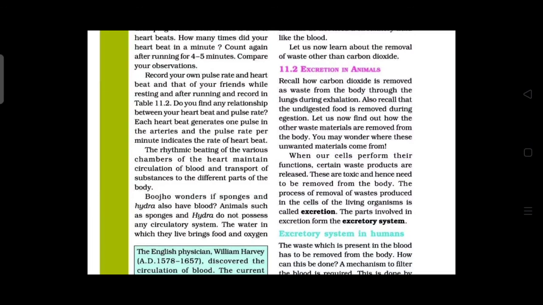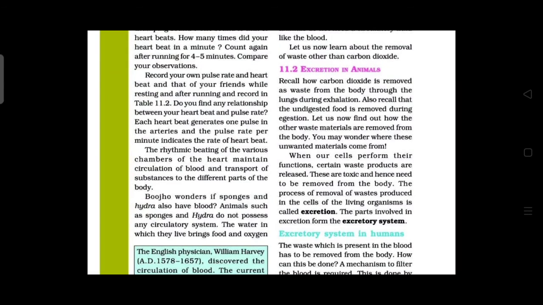Each heartbeat generates one pulse in the arteries, and the pulse rate per minute indicates what? The rate of the heartbeat. Each heartbeat generates one pulse in the artery, and the pulse rate indicates the rate of the heartbeat.